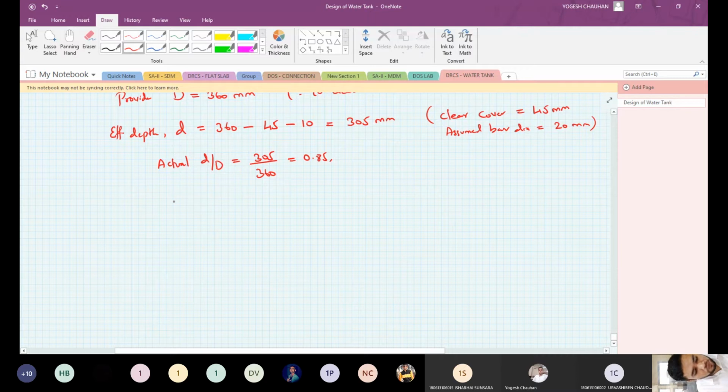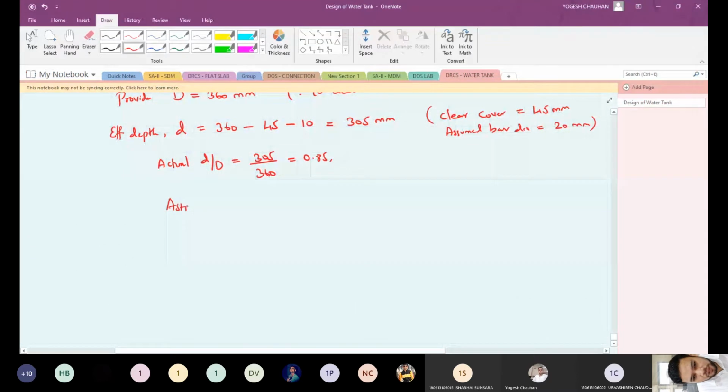Ast, we'll find Ast for two cases. One Ast1 is for resisting bending and Ast2 for resisting direct tension.